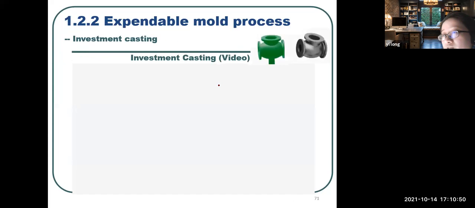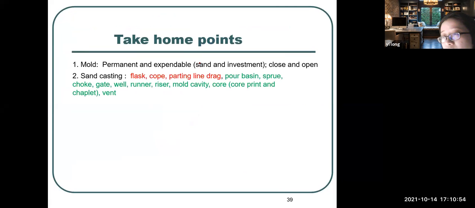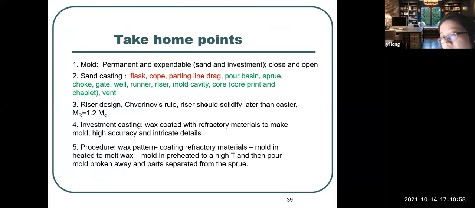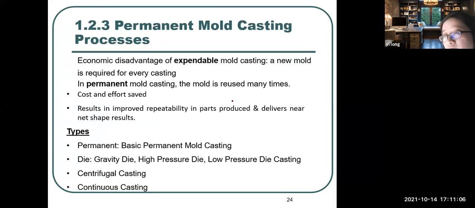All the slides here. The take-home points are important things. So the procedure here, and these are comparisons. Please know it, just in case I ask you to make a choice between different things.